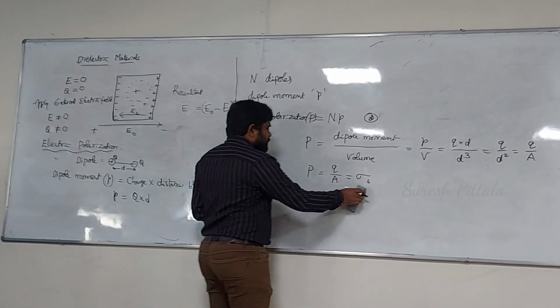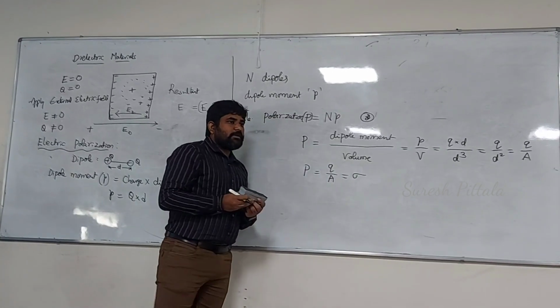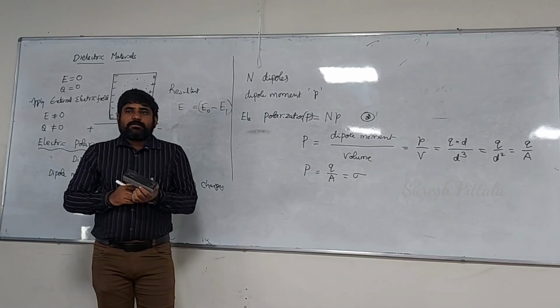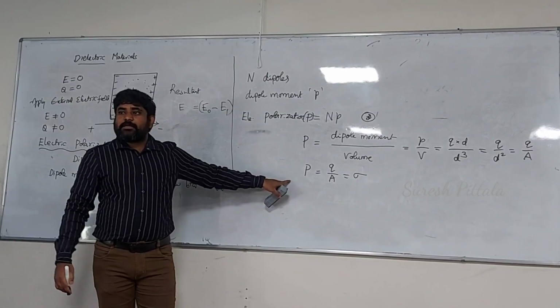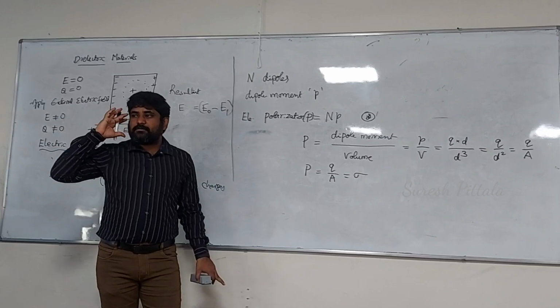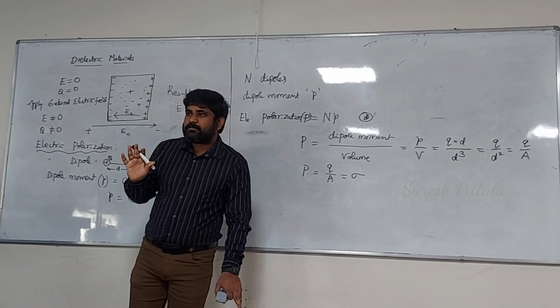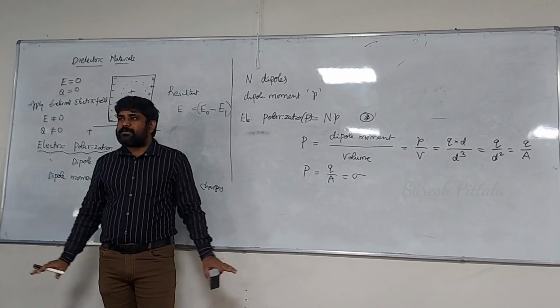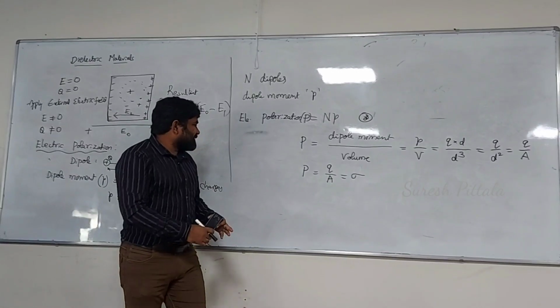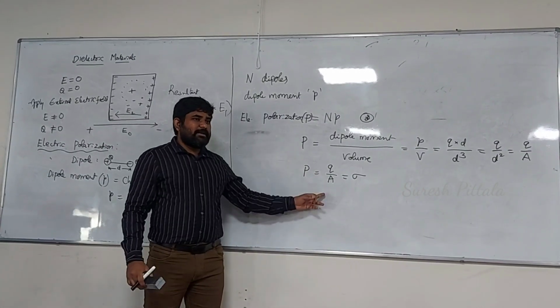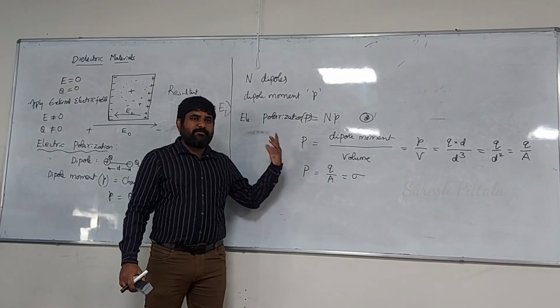See how many relations came up. You have to know them. These are simply looking like geometry. So your P is Q by A. We'll use these relations sometimes when we are deriving.